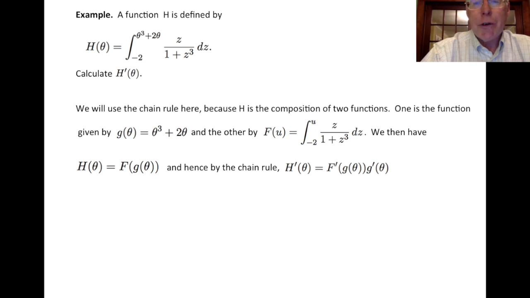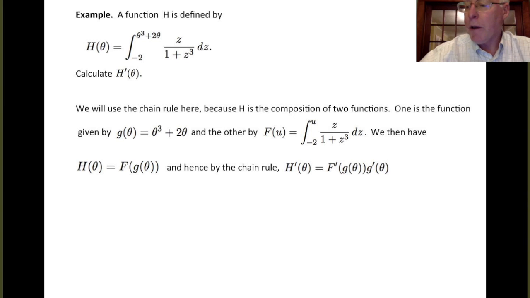So h here is the composition of two functions. One is the function, we'll call it g of theta, which is theta cubed plus 2 theta. That's the upper limit in the integral. And the other is the function defined by the integral itself. Let's call it f of u, which is the integral from minus 2 to u of z over 1 plus z cubed dz.